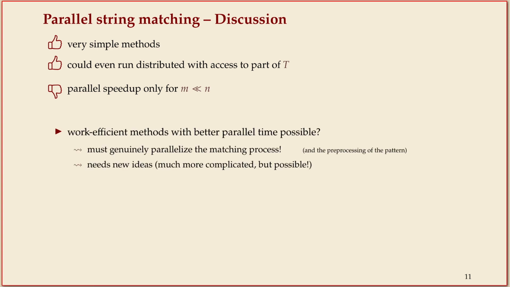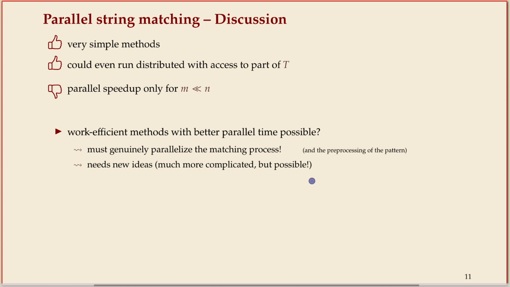Can you do better? It turns out you can do better even if the pattern is long, but it becomes a really tricky theoretical question. There are several barriers that you have to overcome. If you remember what KMP did, it does a pre-processing step on the pattern, and you have to speed that up as well, or parallelize that to be better than theta m span.